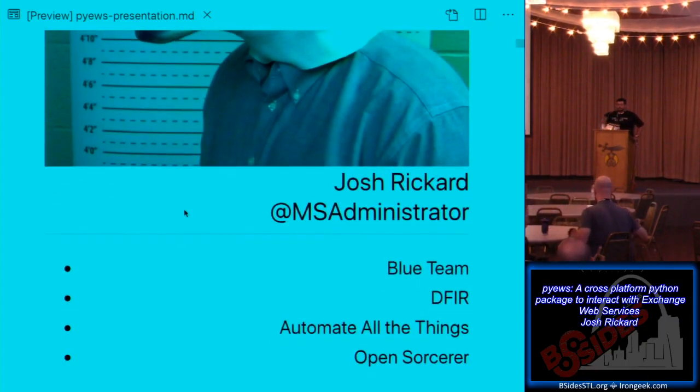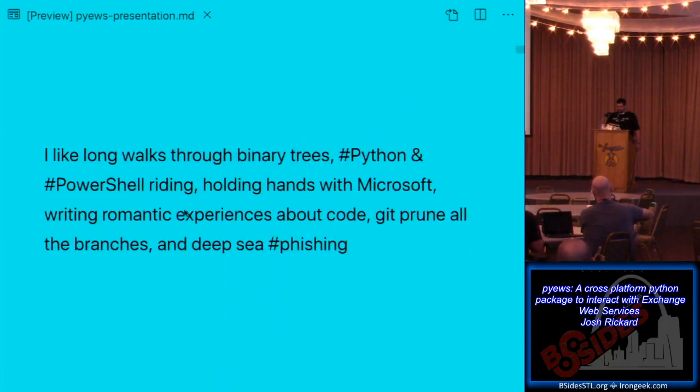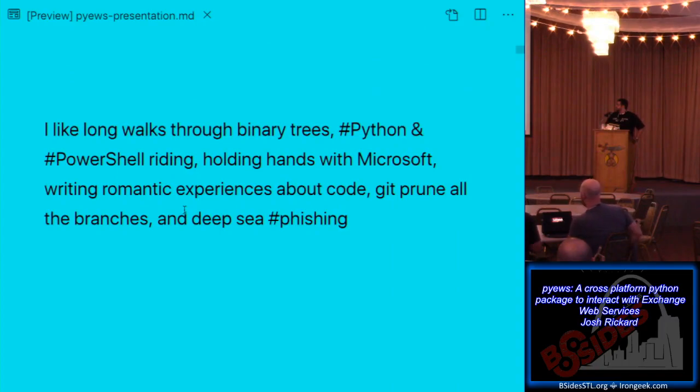I have a lot of background in digital forensics and incident response, as well as Blue Team, and I like to automate anything that I can at all. It doesn't really matter what it is. If I have to do it twice, I'm going to write a script for it. I also like to call myself an open sourcer. No one get it? Okay. I thought that was funny. I also like to take long walks down binary trees, and yeah, you can read that.